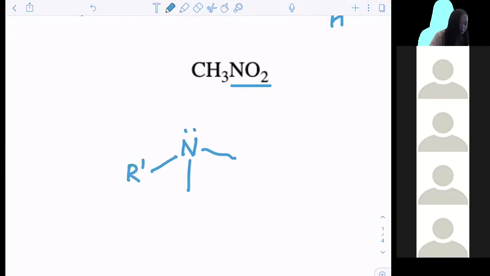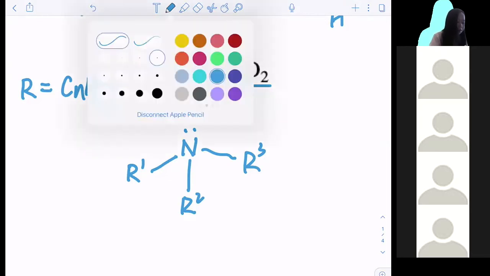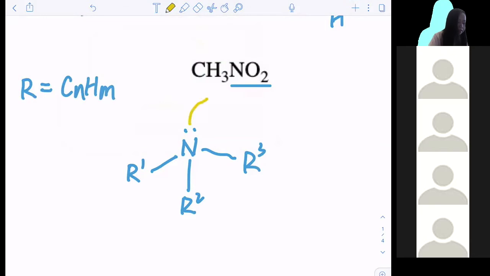So let's say R1, R2, R3. In organic chemistry, R means CnHn, which means there are only carbon and hydrogen. You don't have to show what it is. That's another magic code in organic chemistry. Nitrogen is most comfortable with a structure like this, but it can show a positive charge if nitrogen donates one of its electrons out and forms a bond.